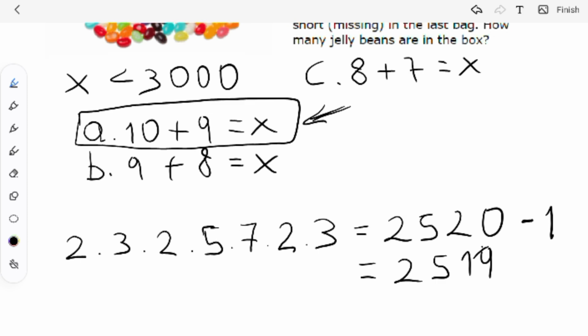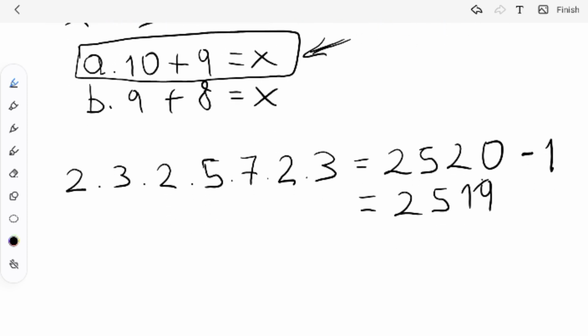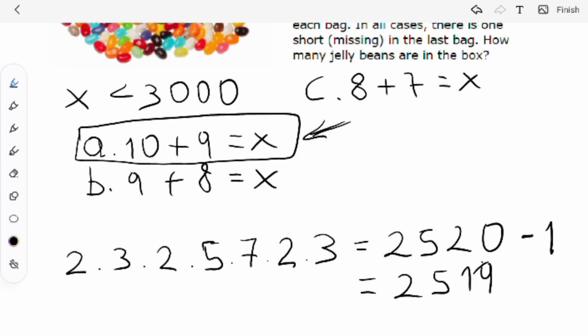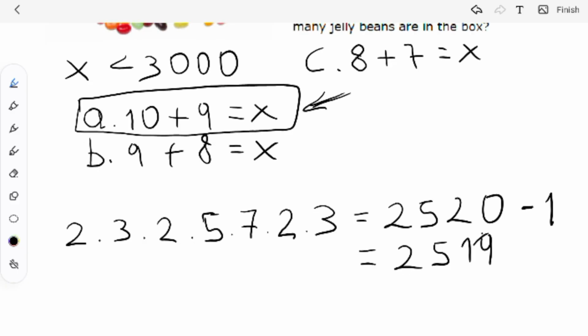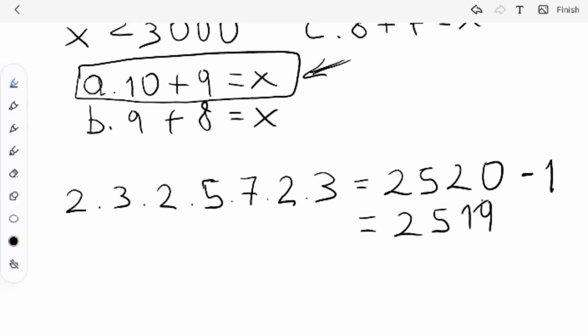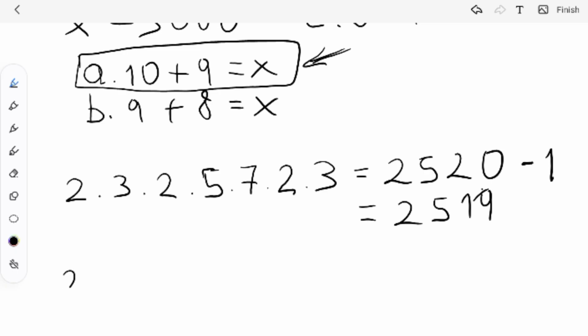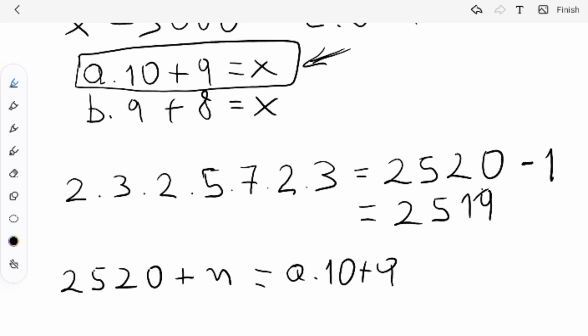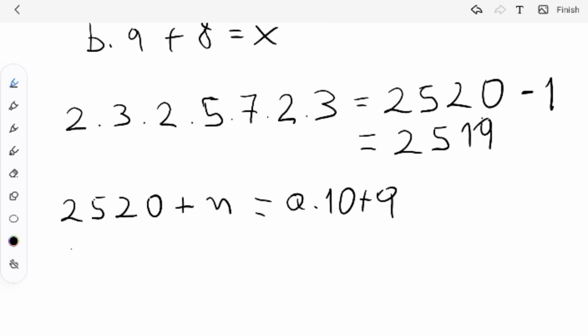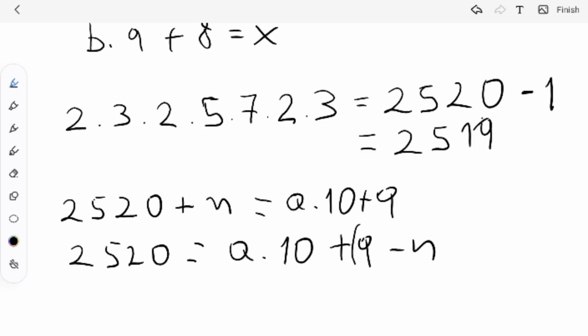Someone may ask why we subtract 1 and why not 2,529, for example, so we get the unit digit 9 again. The reason is that if we have this product and we add a number n, then the product should be equal to 8 times 10 plus 9 minus n.